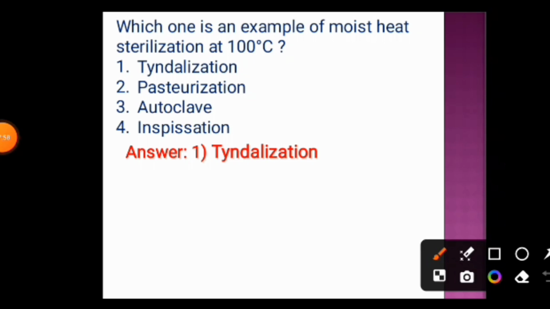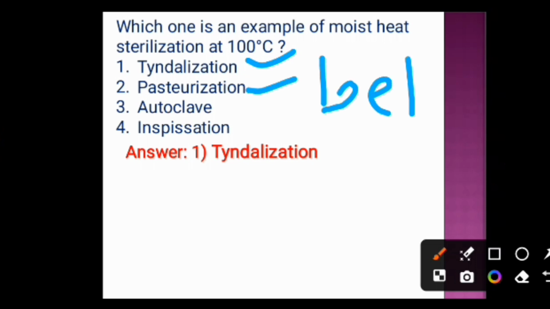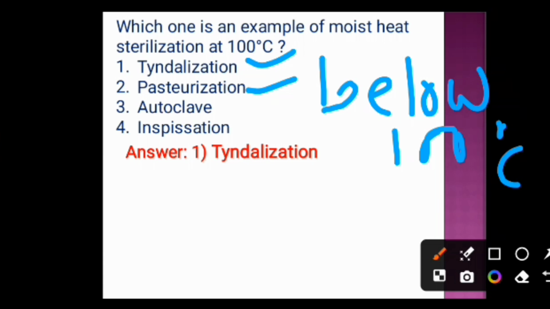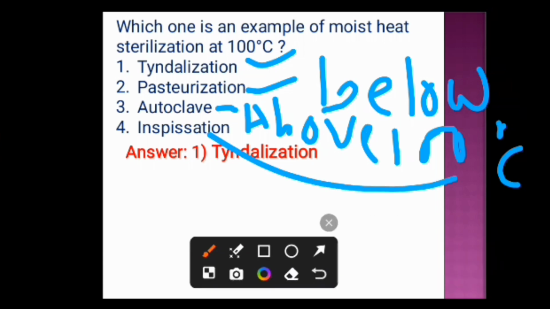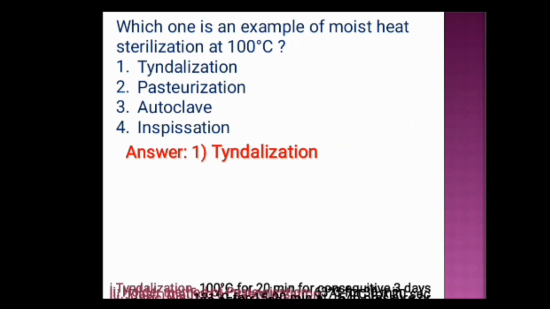Just recall that at 100 degrees centigrade is tyndallization and boiling, and pasteurization is below 100 degrees centigrade moist heat sterilization, whereas autoclave is above 100 degrees centigrade. Also inspissation is a below 100 degrees centigrade procedure.